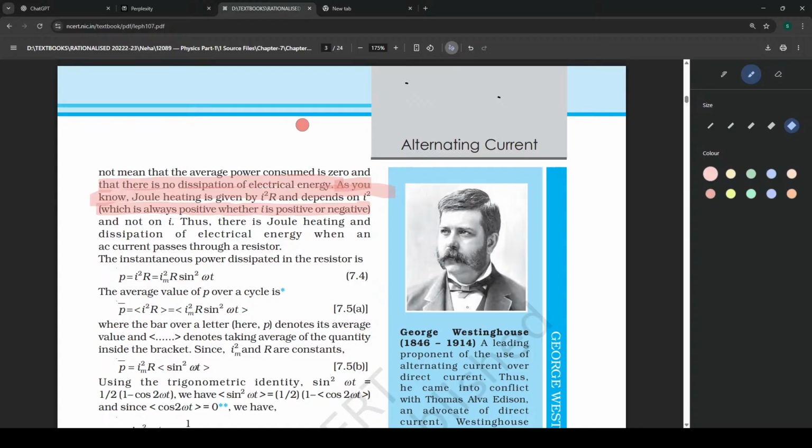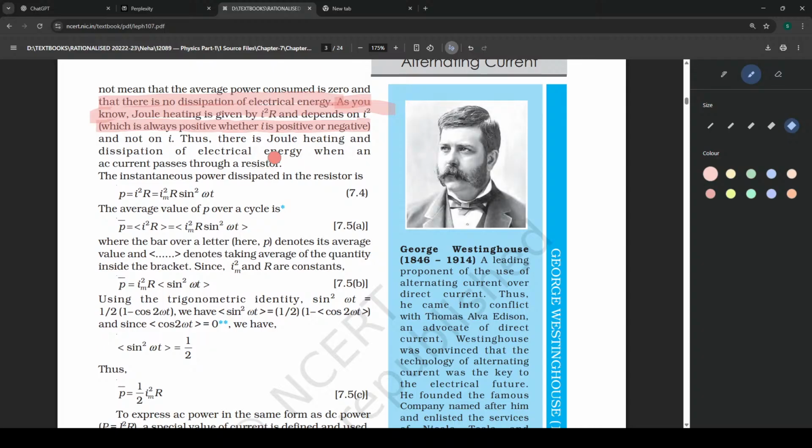The only thing that matters is that it is moving, and mathematically it is represented as directly proportional to I squared, not on I. Thus, there is Joule heating and dissipation of electrical energy when an AC current passes through a resistor.